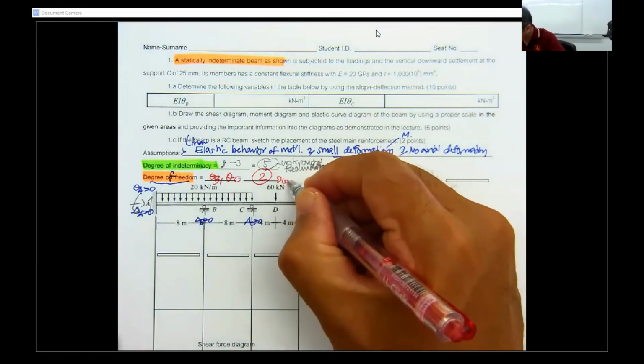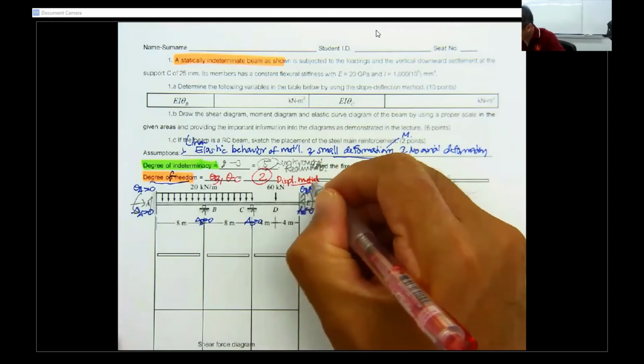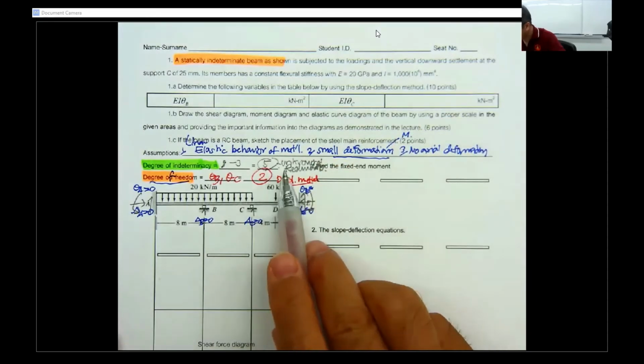This problem can be solved by the displacement method, and it's going to be more effective than using the force method here.